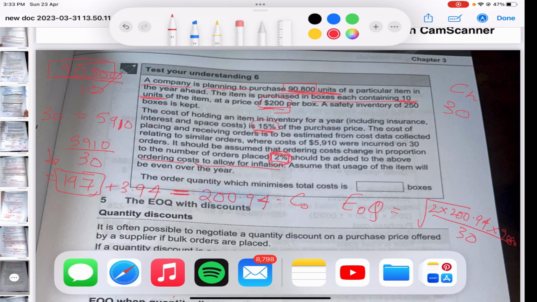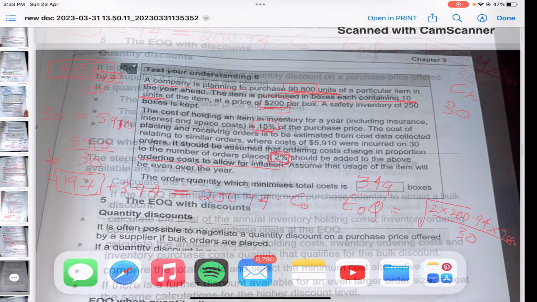Let's do this. 2 multiplied by 200.94 multiplied by 9080 divided by 30 under root. So my answer is going to be 348.76. So if I round it off, it is 349 boxes. So that's how you are supposed to approach this question.